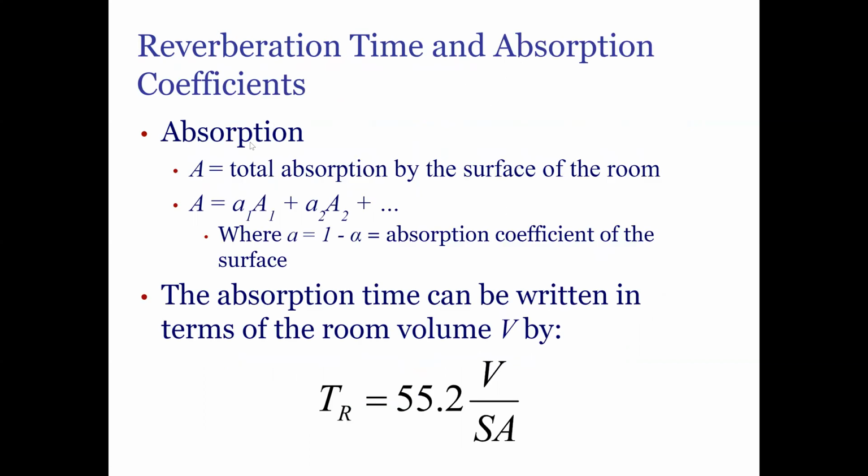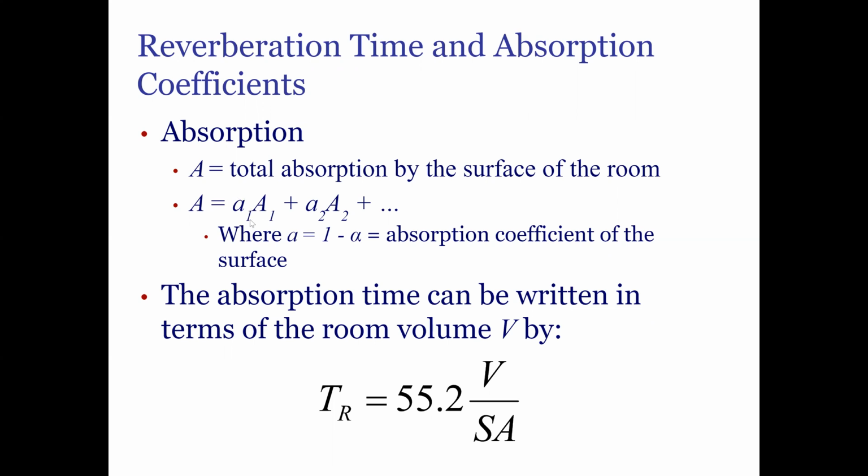So the absorption, as we mentioned, is also going to affect the reverb time. A lot of times in a room, you don't have just one surface material. You'll have one wall that's made of drywall and say some windows and maybe some curtains. All of those things are going to have their own individual alpha. Well, sorry, these are the absorption coefficients, not the reflectivities.